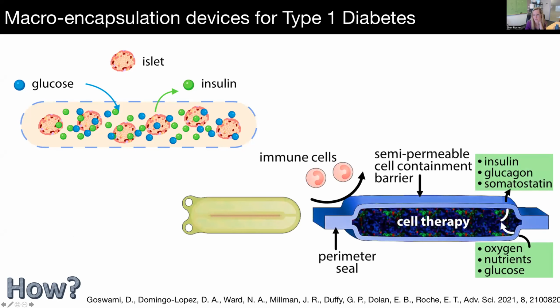Not only is there a semi-permeable cell containment barrier, but as well as insulin, it has to allow the transport of glucagon and somatostatin, and it has to ensure that oxygen, nutrients, and glucose can get inside to the cell therapy, but keep immune cells out. So there's this very precise design of a semi-permeable cell containment barrier.